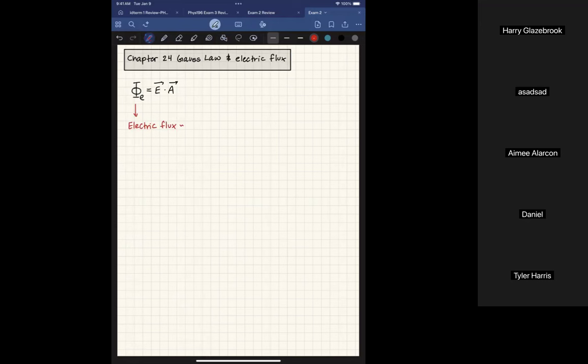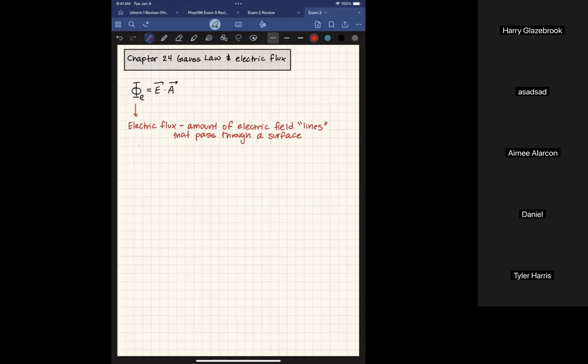I like to think about it as the amount of electric field, some people also say electric field lines, that pass through a surface. Electric flux is really, really important.